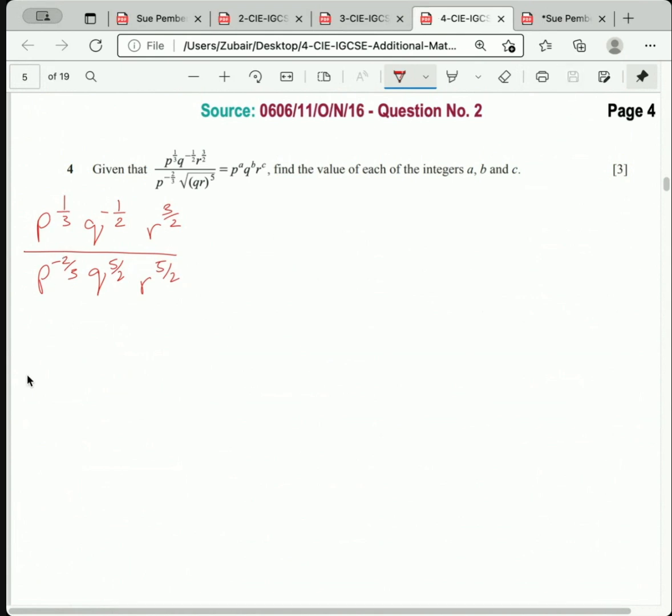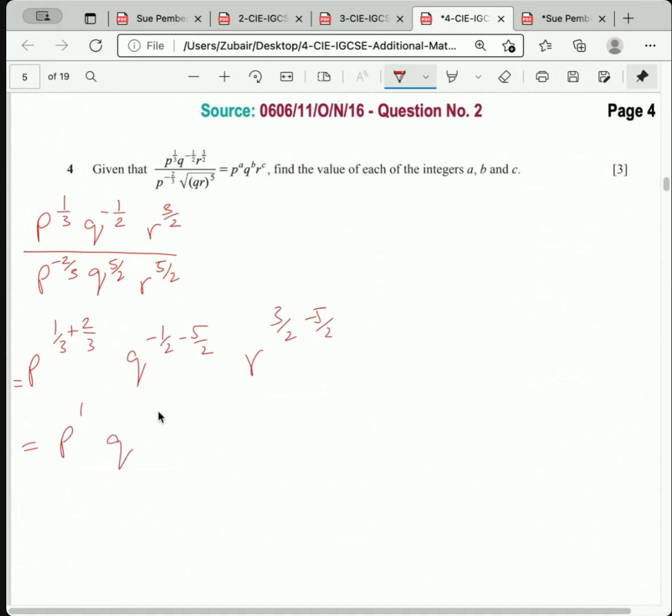So we subtract: p raised to power 1 by 3 minus 2 by 3 is 2 by 3. Q raised to power negative 1 by 2 minus 5 by 2. R raised to power 3 by 2 minus 5 by 2. So that's p raised to power 1.